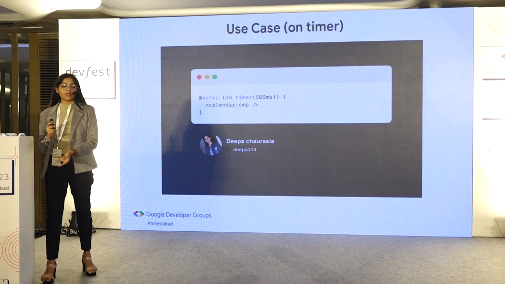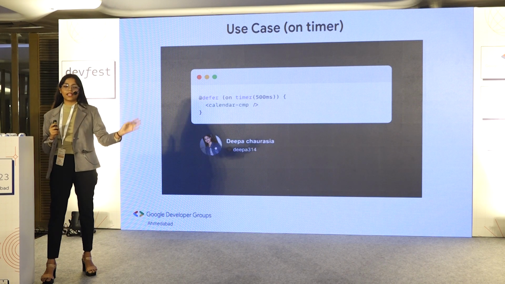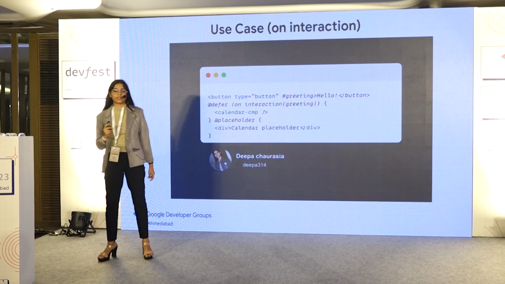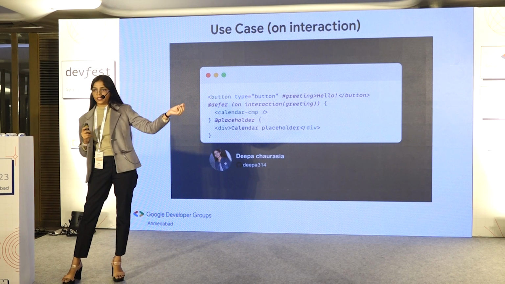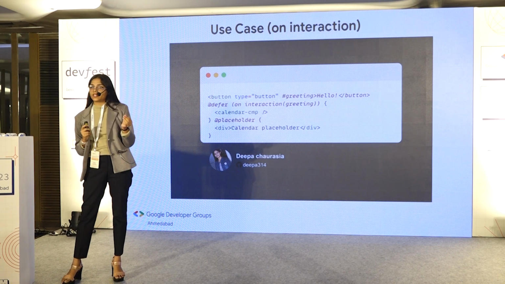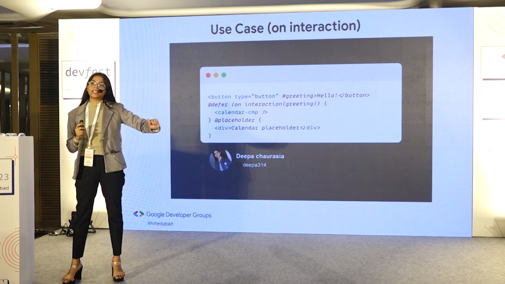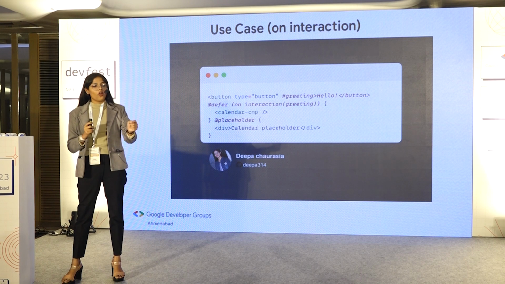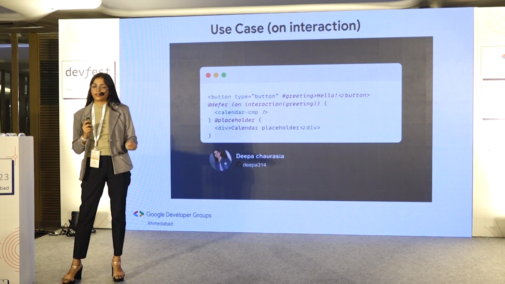Next, on timer. I have mentioned that for 500 milliseconds it will wait. Then it will execute your calendar component. Next, we have on interaction. Here you can see I have created a button and I have given a template reference greeting. So the moment you are interacting with that greeting button, your calendar component will fire. Otherwise, it will show placeholder.